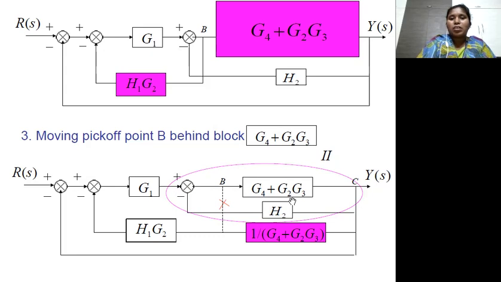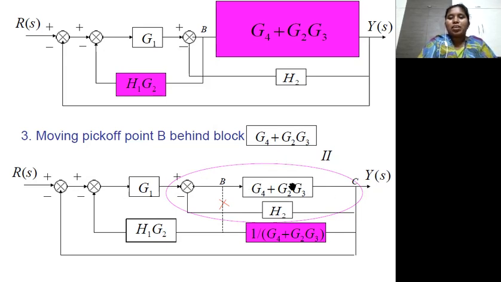So here we can apply the feedback element and obtain the transfer function of the circuit across this loop. So I am replacing this loop with the transfer function, where in the place of H there exists H2, and in the place of G there exists G4 plus G2 G3.